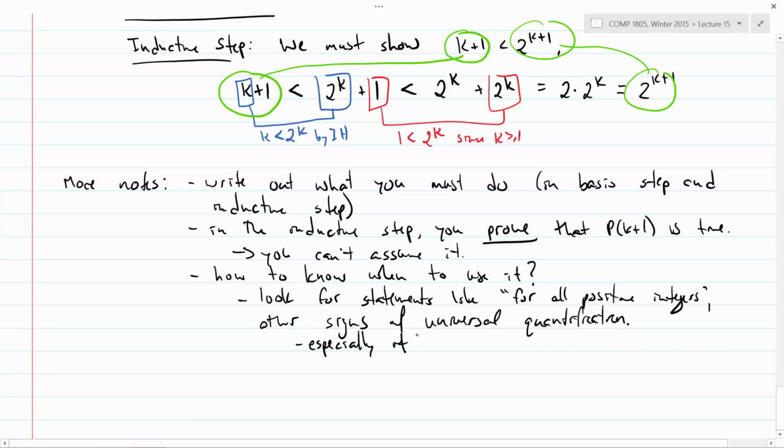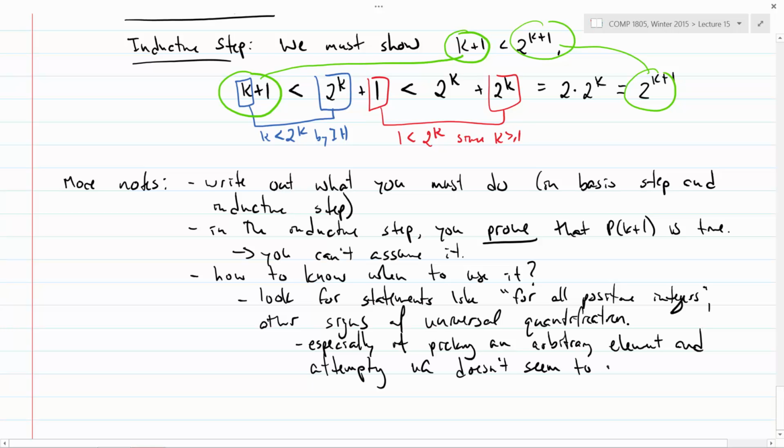So especially if picking an arbitrary element and attempting UG doesn't seem to work. Questions about that?